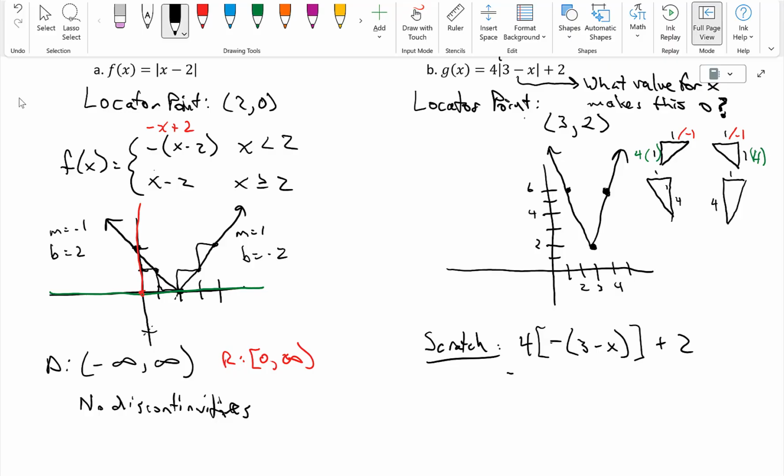If we simplify that, we can think of it as -4 times 3 minus x plus 2, and then if we distribute in, we get -12 plus 4x, and then the plus 2. We can combine those like terms and write it with the x term first. So we've got our nice mx plus b equation of a line.